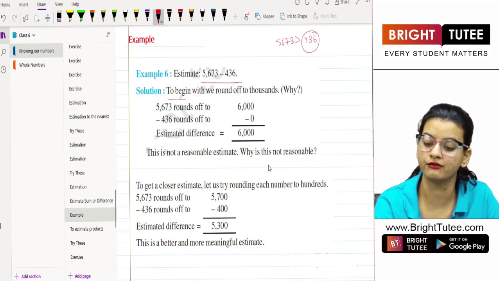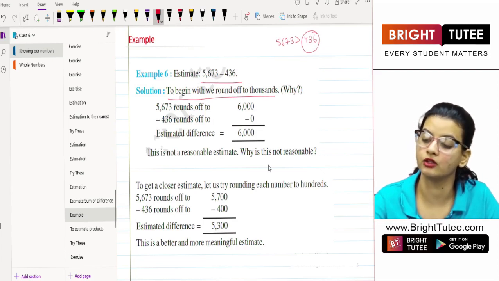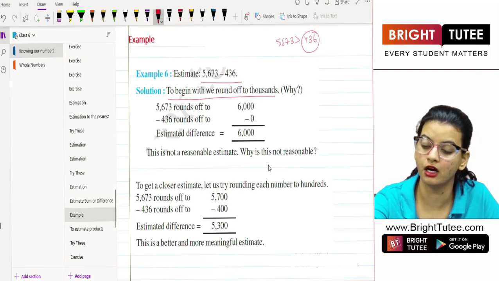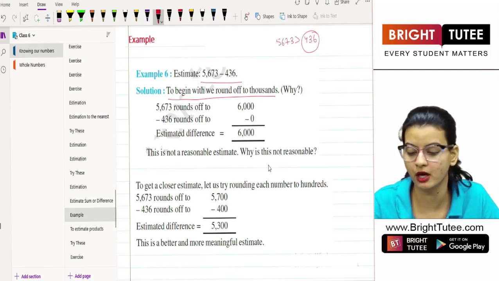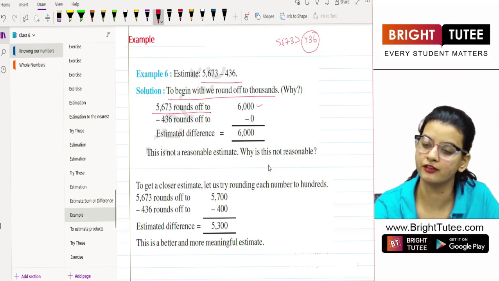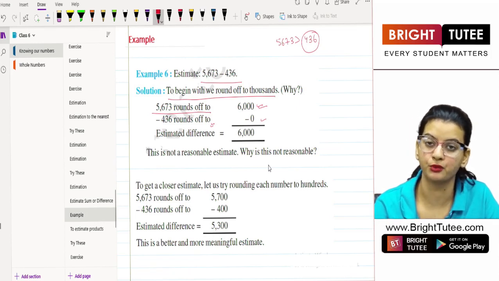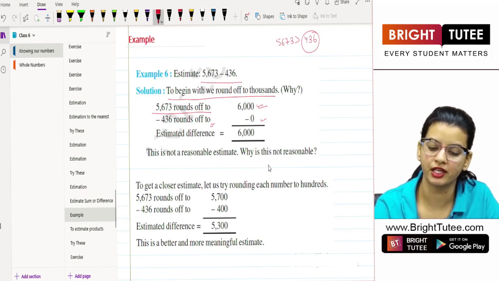You can see, to begin with, suppose we are rounding this off to 1,000. So 5,673 rounded off to 1,000 will give me 6,000, and 436 rounded off to 1,000 will give me 0, right? Because it is less than 501.